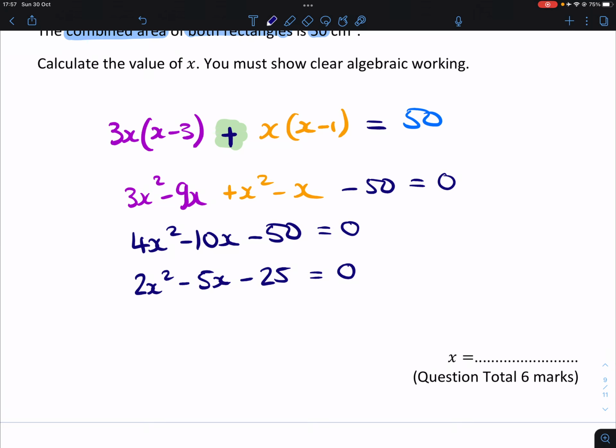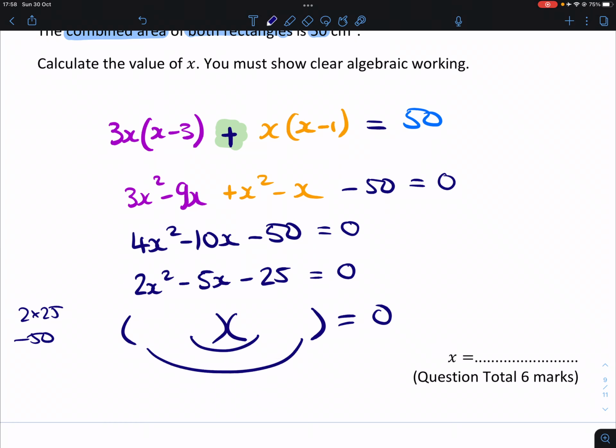For this question, I'm going to look at just doing it by trial and improvement. So we have here 2x squared, which gives us 2 at the start and minus 25 at the end. So we're going to need to think about 50 as our number, or minus 50 even, as a number that's going to be linked to the two things that have to multiply each other out here.